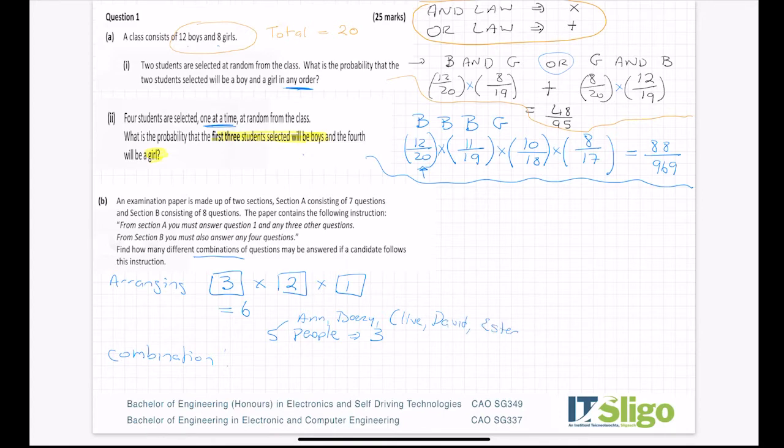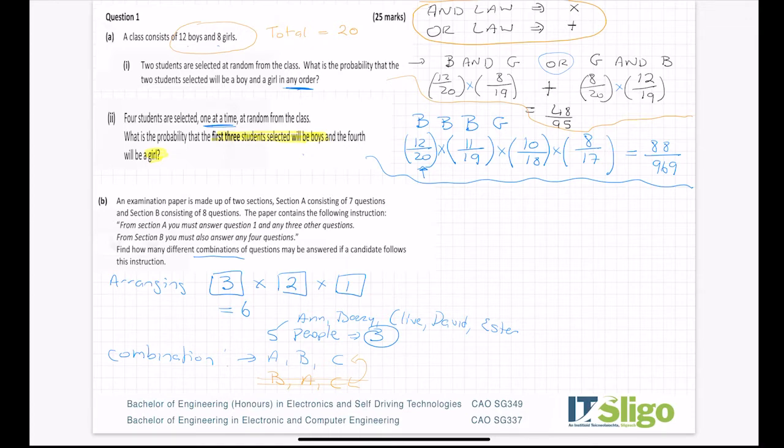Okay, and then we need to select 3 from it. So one combination could be Anne, Barry, and Clive. Now this is where a permutation and a combination differ. If I write down Barry, Anne, and Clive, that is not another combination because that is the same team of people. So that doesn't count as a combination.